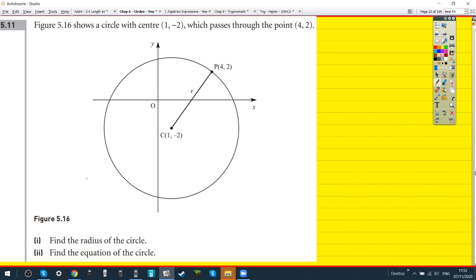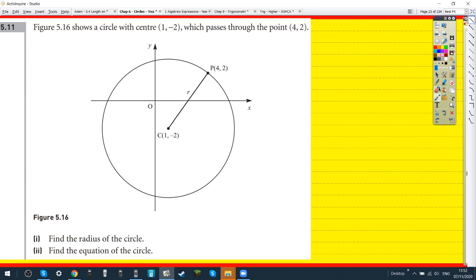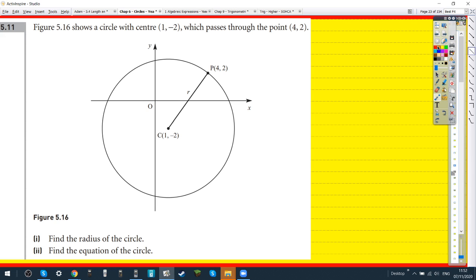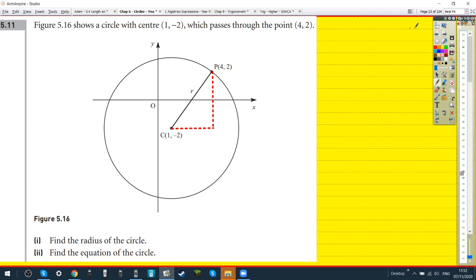You need both. So it would be 4 minus 1 squared in brackets, and then plus 2 minus 2 squared in brackets equals r squared. And then can you expand them? Simplify first.